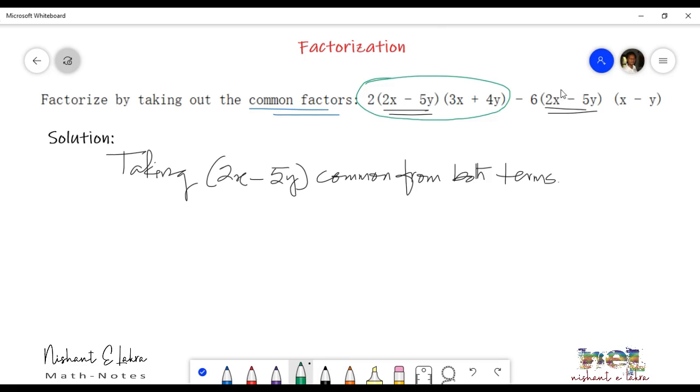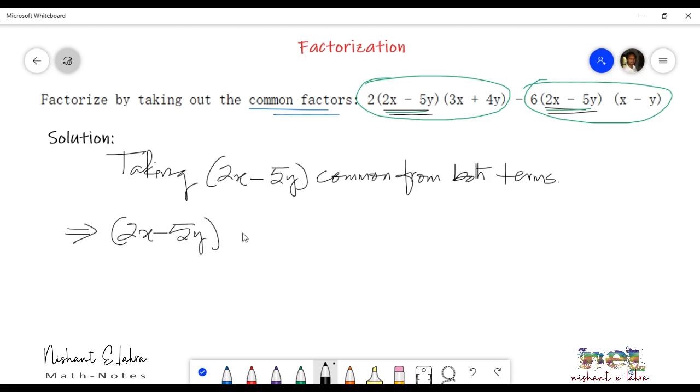This is your first term and the other one is the second term, separated by a minus sign. Now, which value are we taking as common? 2x minus 5y in the curved bracket. This is the common value for both the terms, so we have separated it.